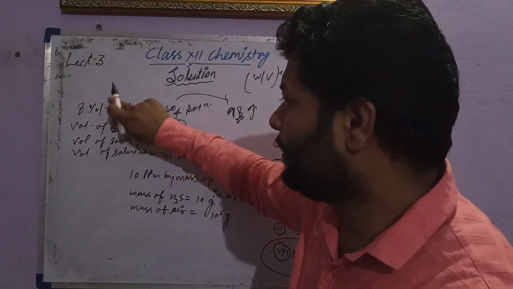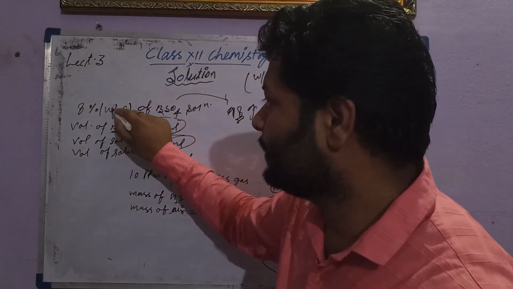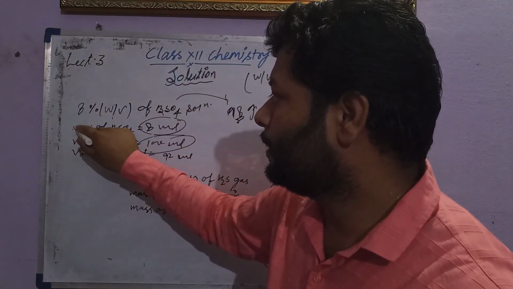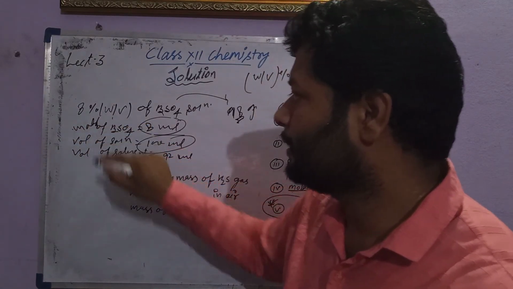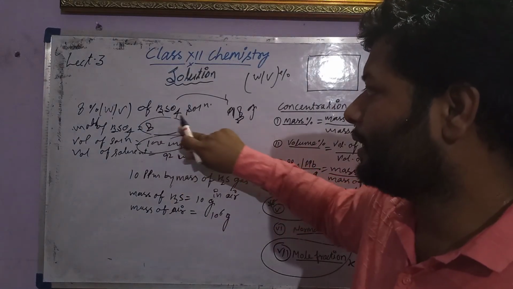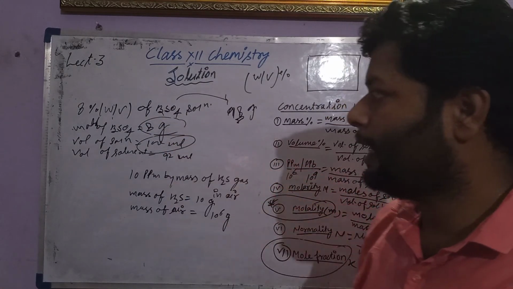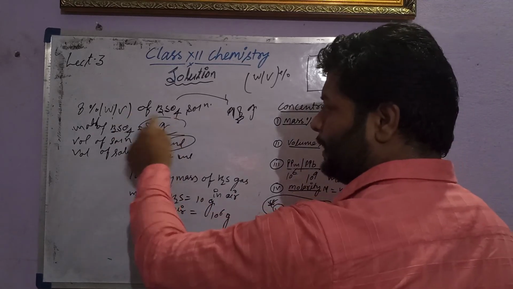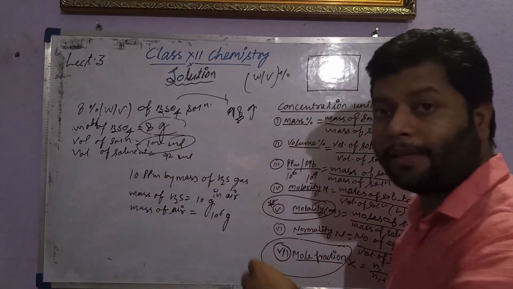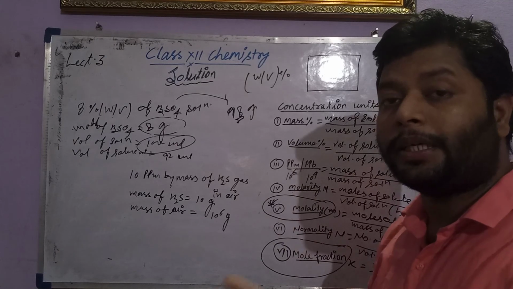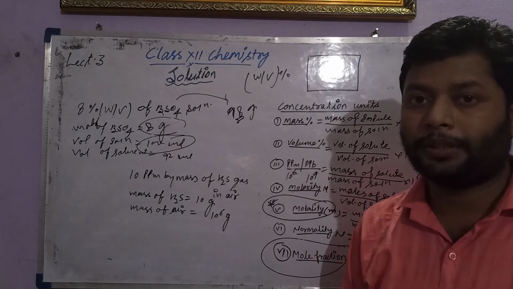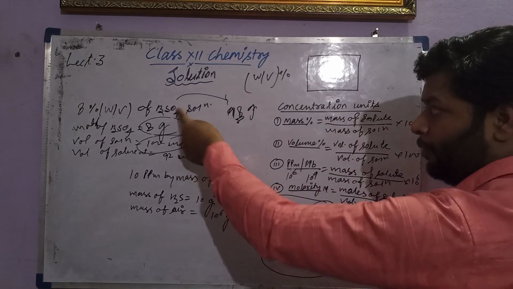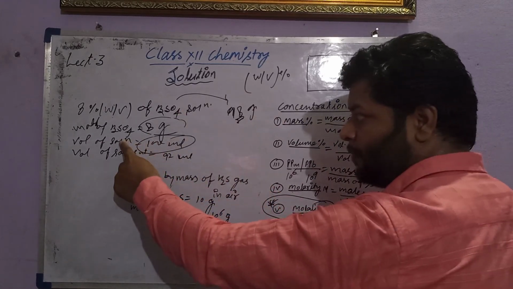At the same time, suppose it is a mass upon volume percentage, so here instead of volume there is mass, say 8 gram. In the case of mass upon volume percentage, we can easily calculate the molarity without being given the density, because now we have the mass of sulfuric acid, the molar mass of sulfuric acid, and the volume of solution.